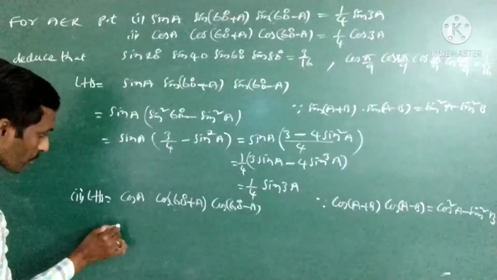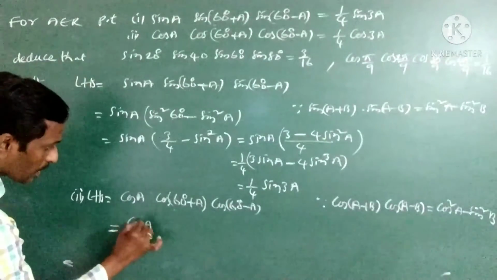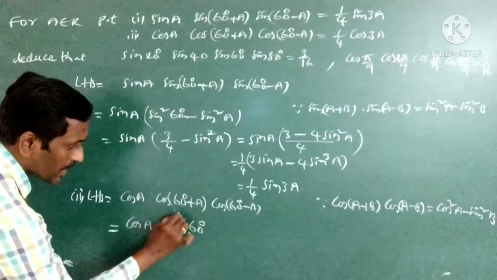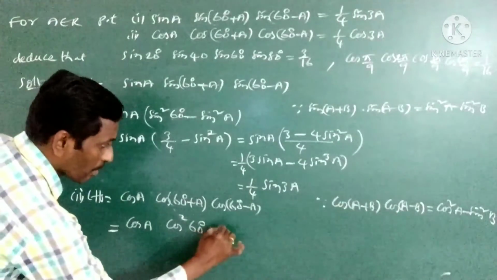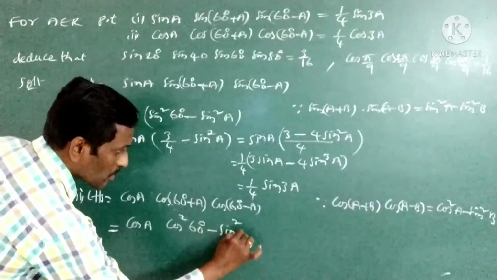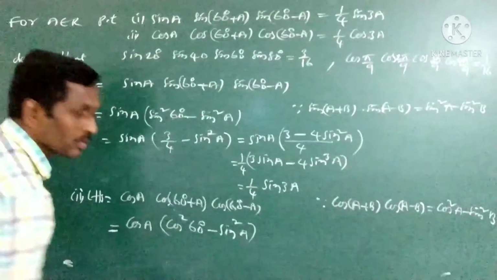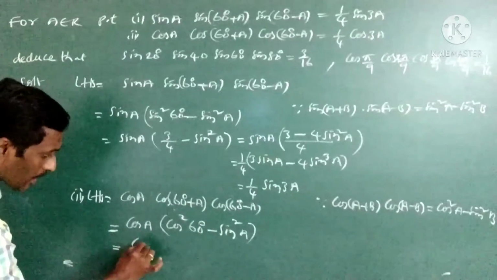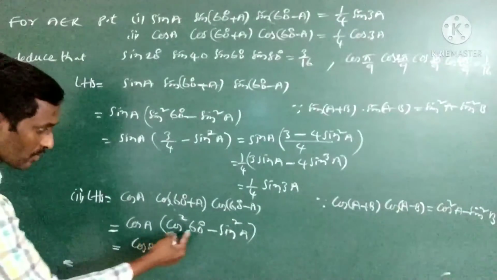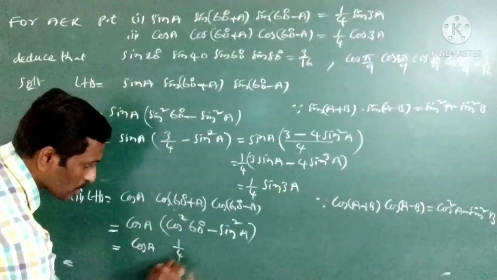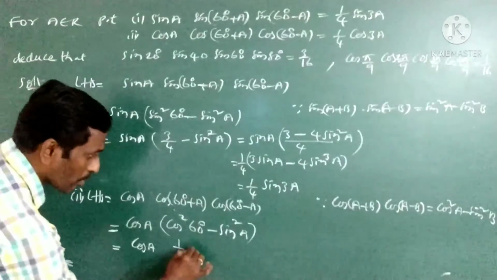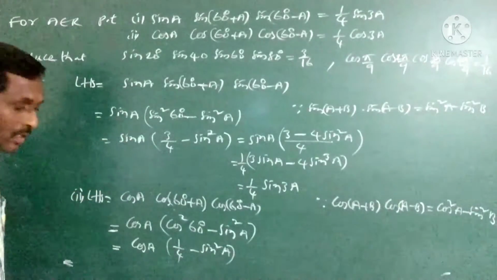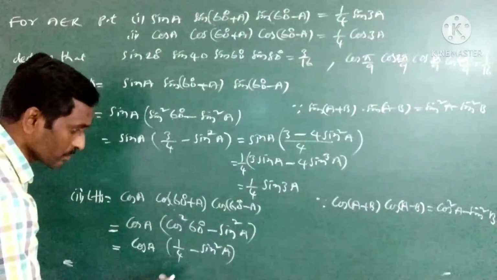Now apply this, which is equal to cos A into cos square 60 minus sin square A. Now write the cos 60 value: cos A into, what is the cos 60 value? 1 by 2 whole square is 1 by 4, minus sin square A. So now take the LCM again.